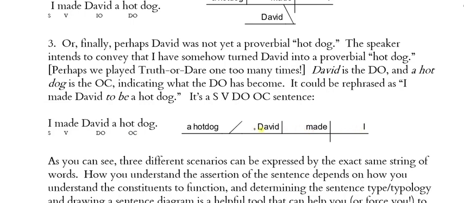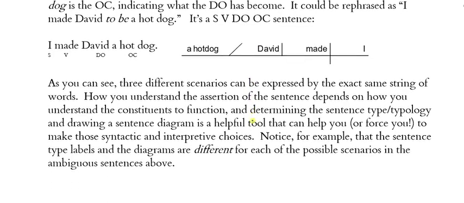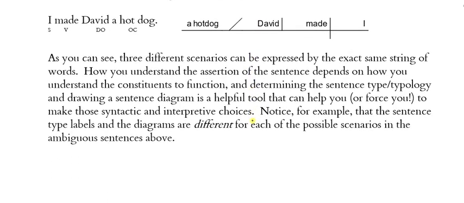Again, we have our sentence diagram being different than the other two. Subject, verb, direct object, and what the direct object is, a hot dog, as a result of what I have made David to be. Now, as you can see, there are 3 different scenarios here, and they can all be expressed by the exact same string of words.